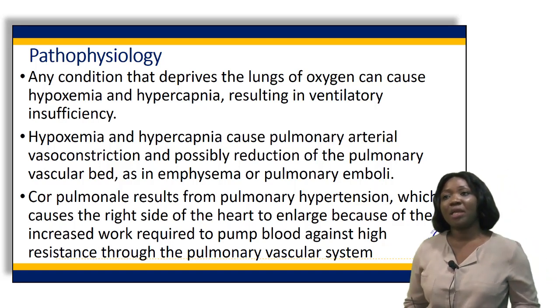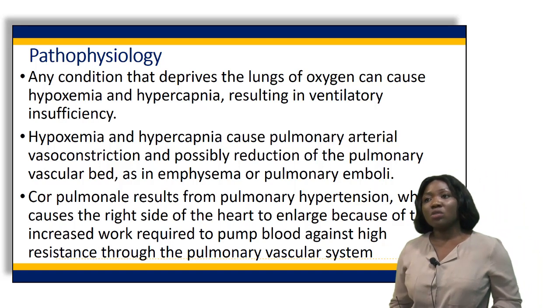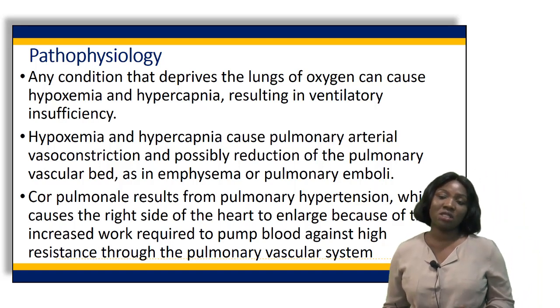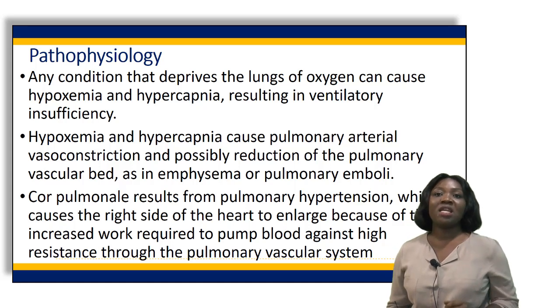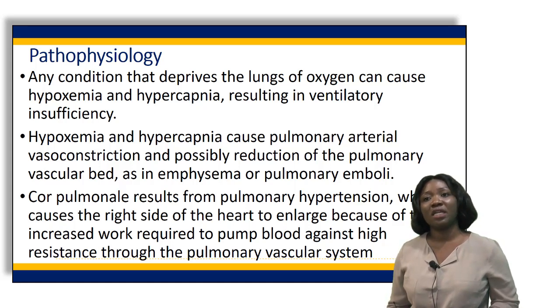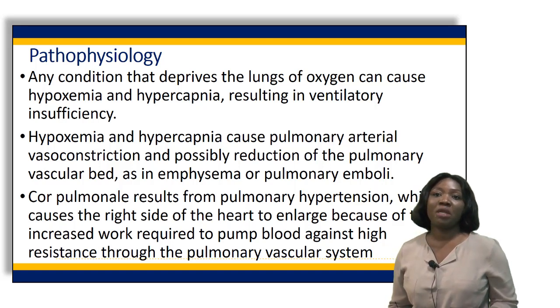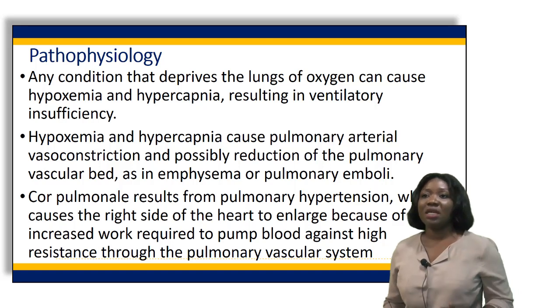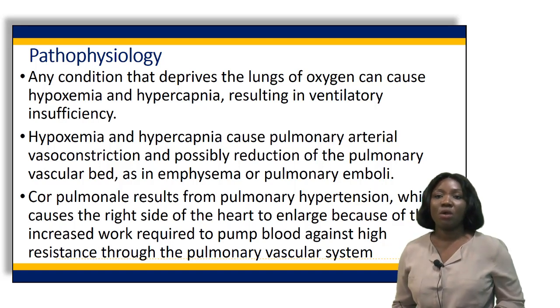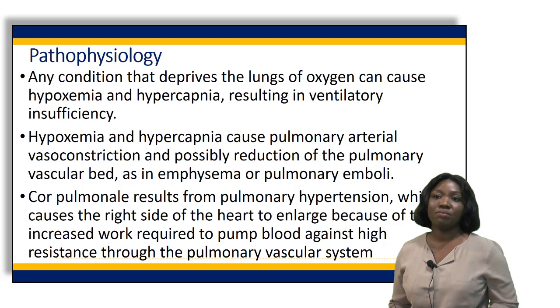Hypoxemia and hypercapnia cause pulmonary arterial vasoconstriction. When there are decreased oxygen levels in the blood and increased carbon dioxide, it causes the blood vessels to constrict and possibly reduces the pulmonary vascular bed. That is what happens in emphysema or pulmonary embolism.